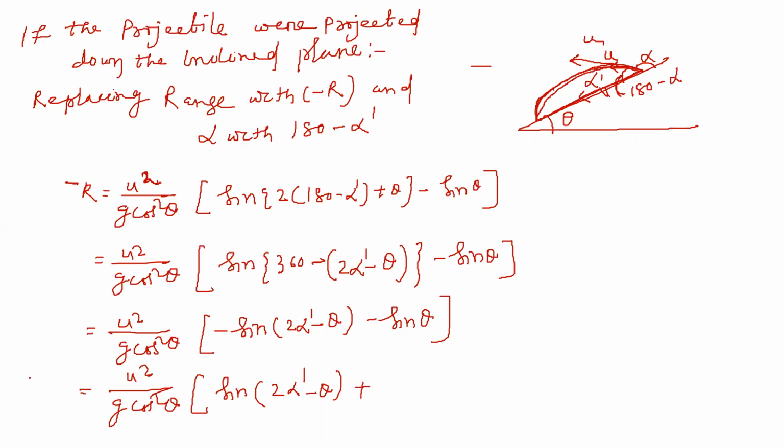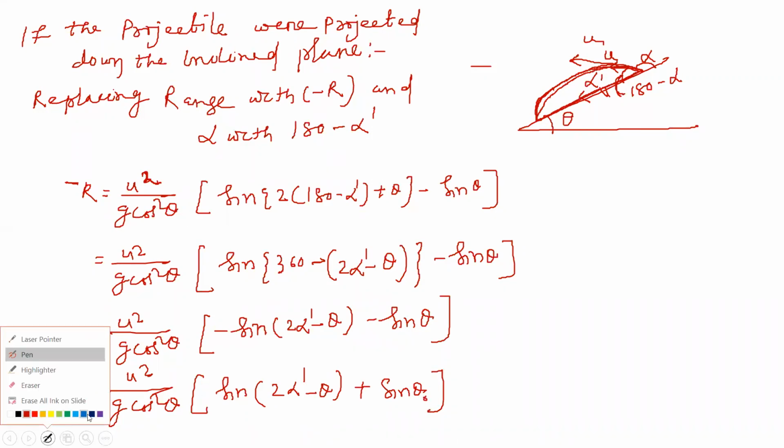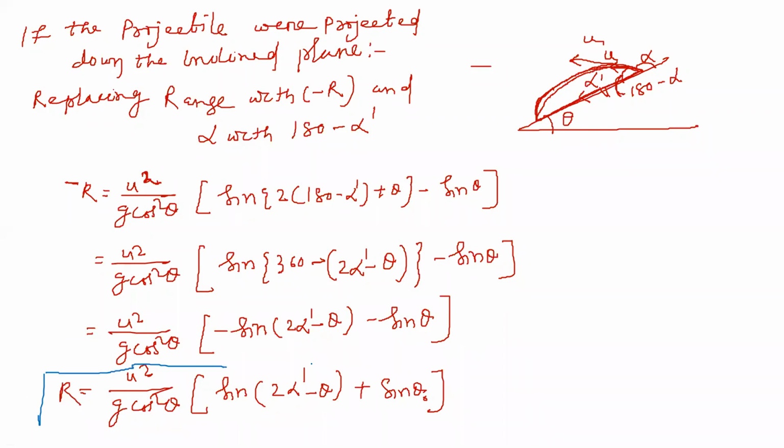Minus r is there, na students? So by taking that, r is equal to u square by g cos square theta into sine 2 alpha dash minus theta plus sine theta. That is the case for range for this type of projectile, understood? If a body is thrown from the opposite direction as shown in the figure, this is going to be the range.